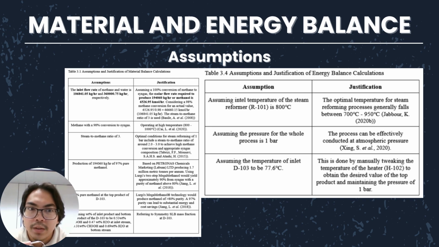We carefully justified each assumption by referring to established industry practices, relevant academic literature, and in some cases by referring to Symmetry SLB mass fraction data for specific stream compositions. This meticulous approach allows us to confidently determine the mass flow and energy requirements throughout the process.